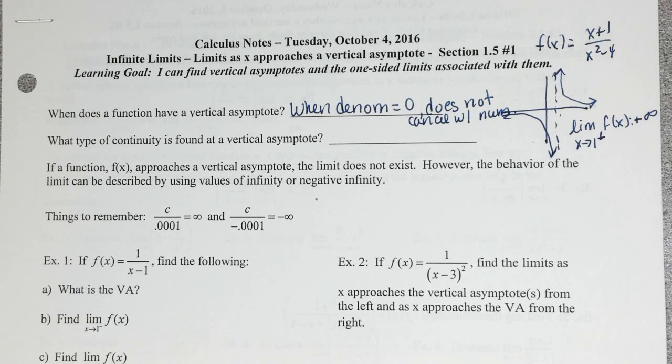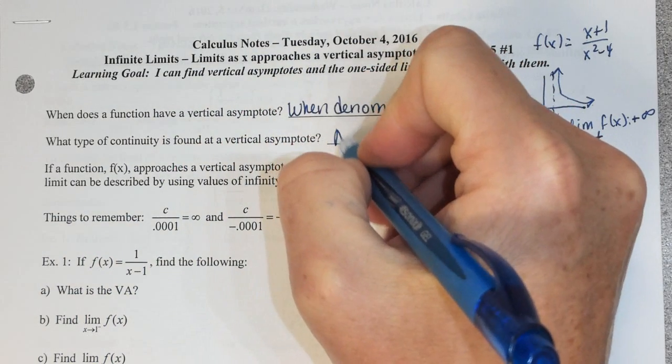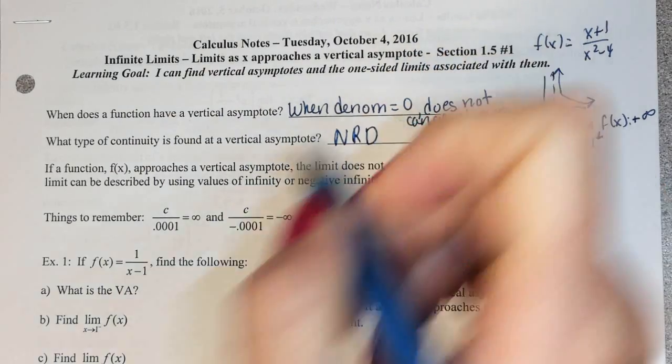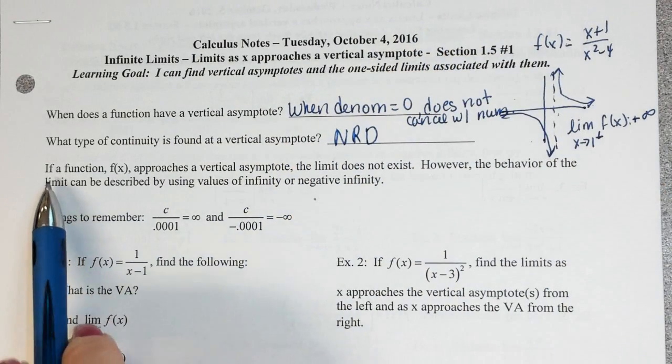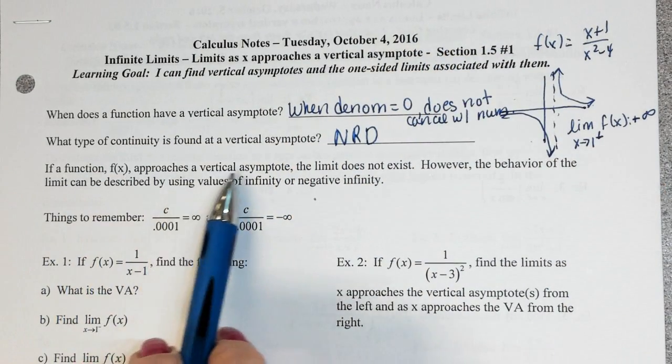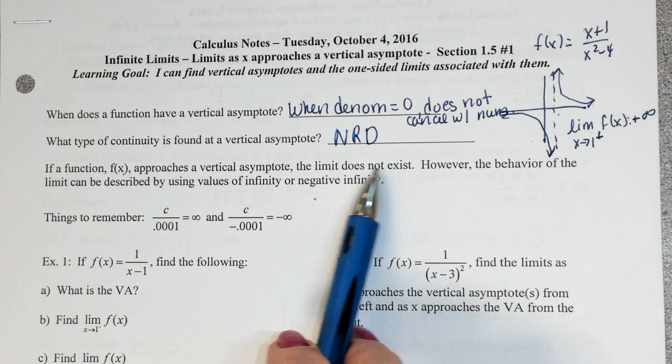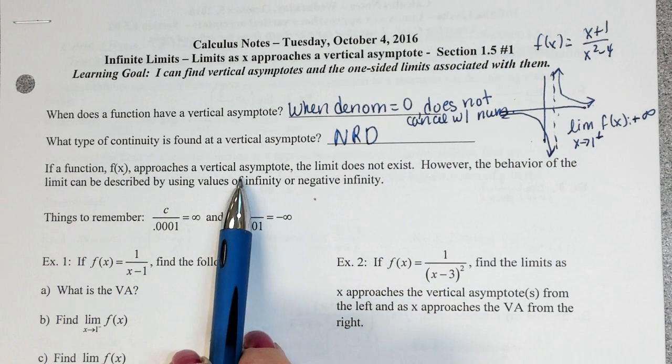So what type of continuity do we have at a vertical asymptote? Joe? Removable or non-removable? Yep, we have a non-removable discontinuity. And this is very important. So if a function approaches a vertical asymptote, the limit does not exist right there.